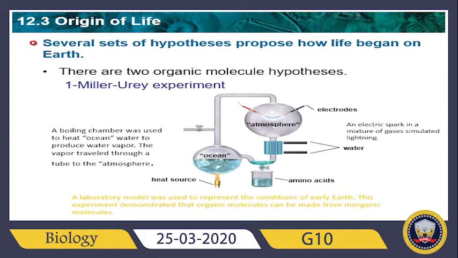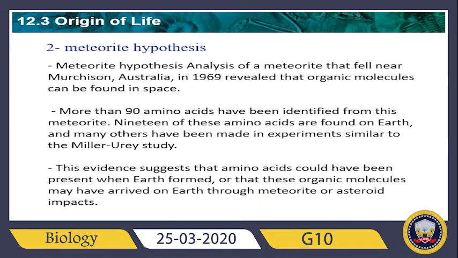So let us start with the organic molecule hypotheses. There are two of them. The first one is the Miller-Urey experiment, and the second one is the meteorite hypothesis.